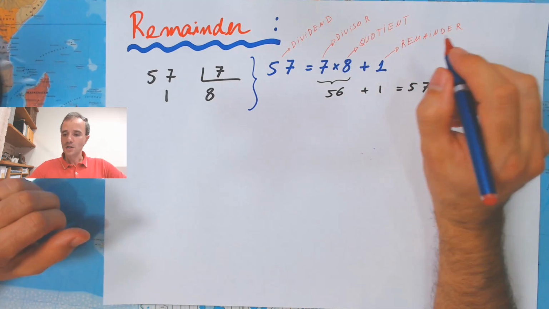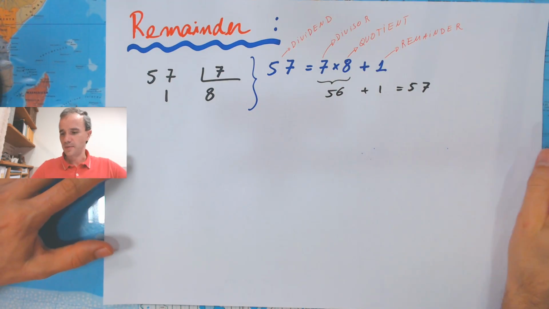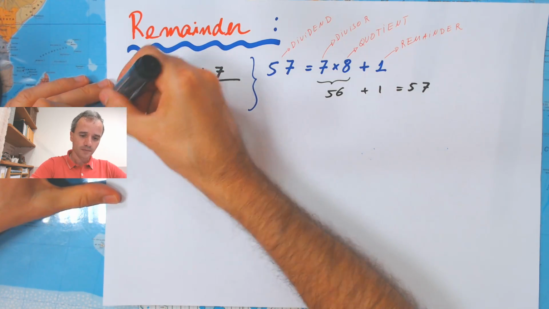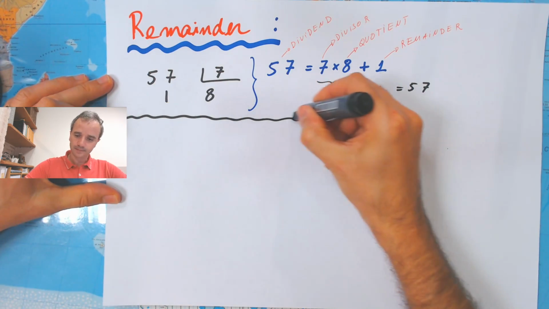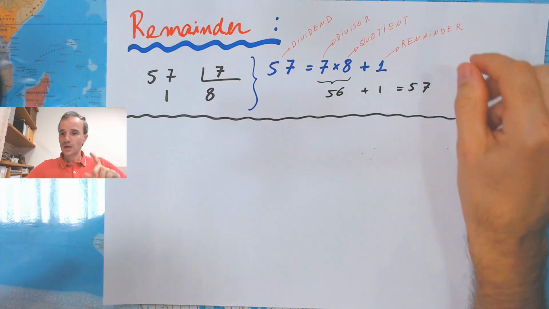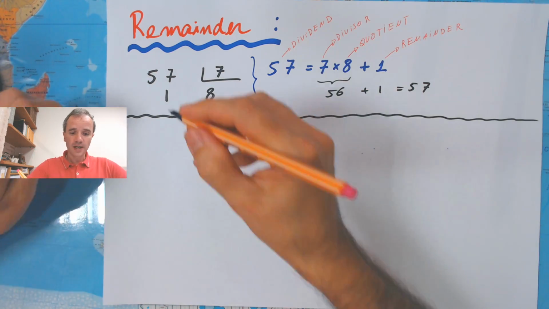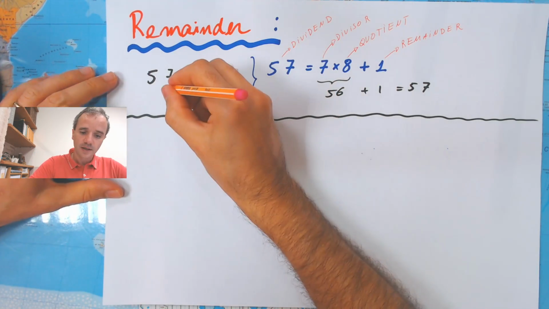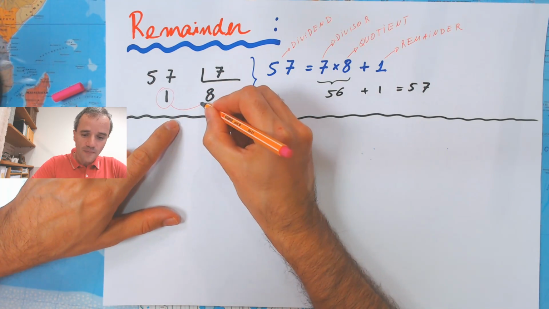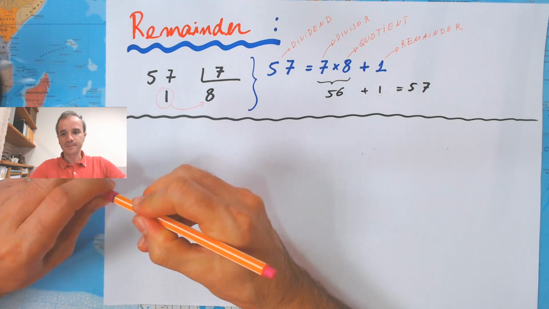Okay, so just remember the names. Now let's take something a little bit more messy. And again, I'm going to put for you, yes, this is the remainder from this integer, okay?